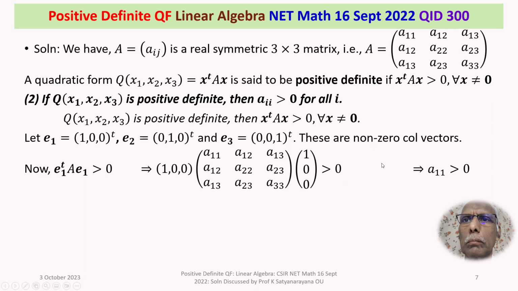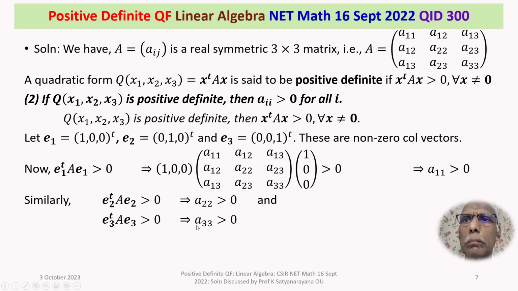And similarly, E2 transpose A E2 greater than 0 will imply A22 greater than 0, and E3 transpose A E3 greater than 0 will imply A33 greater than 0. So that's what we have proved.